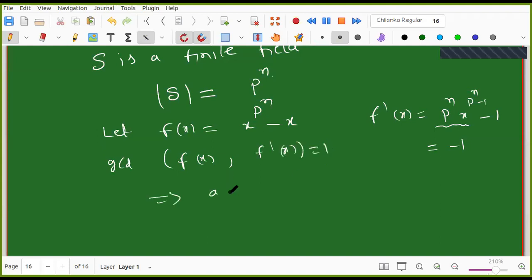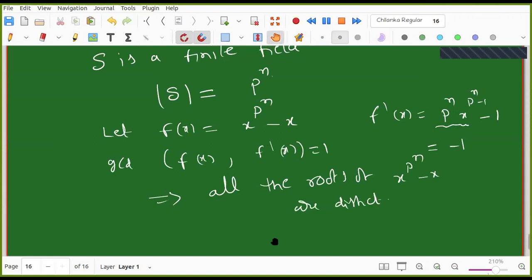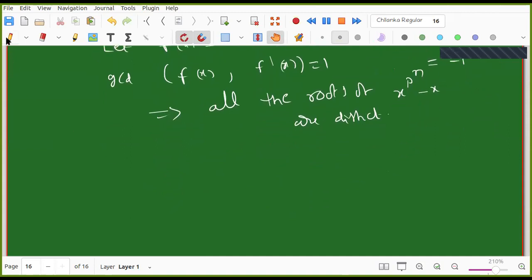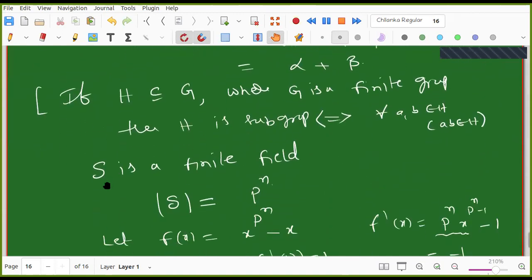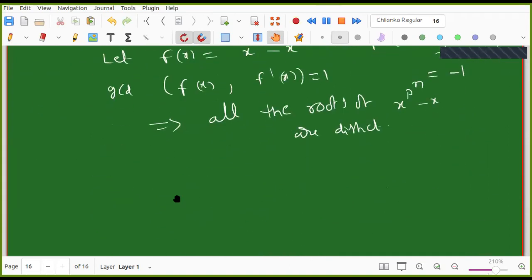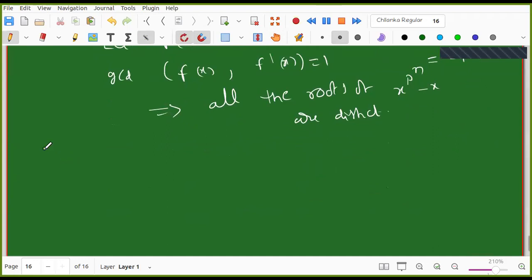This means all the roots are distinct, right? And finally, we showed that the set S is now a finite field with exactly p power n elements. So existence is done, but we'll prove much more.